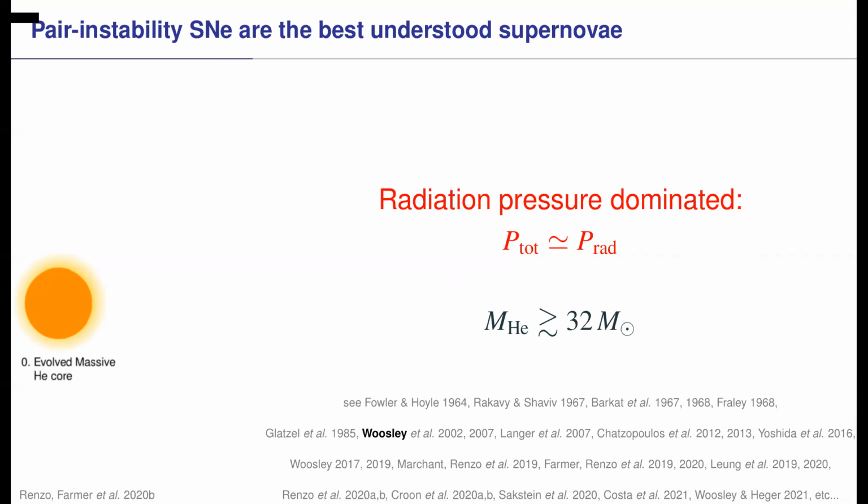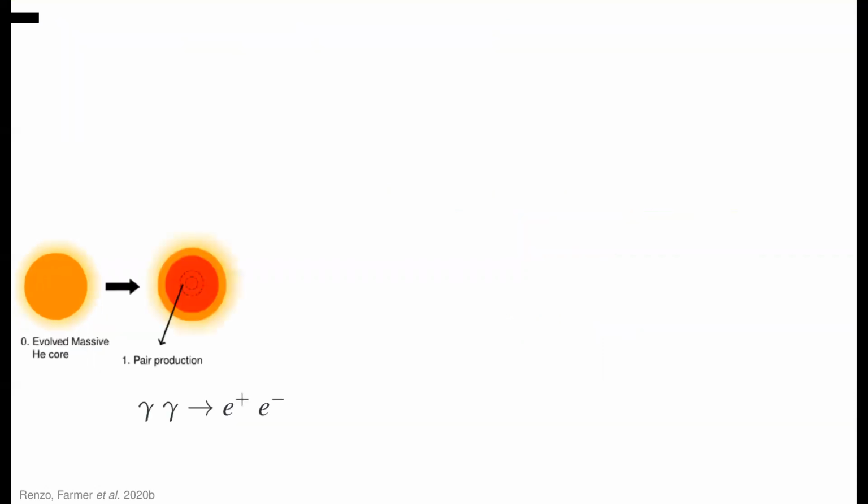So let me finally walk you through what precisely this instability is. We start with a helium core that is burning in its center. It produces a carbon-oxygen core, and before it runs out of fuel, a layer of the carbon-oxygen core can become unstable. This is because we start having photon-photon interactions that produce an electron-positron pair.